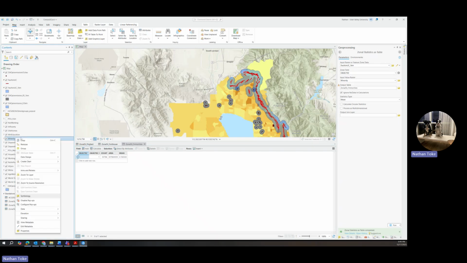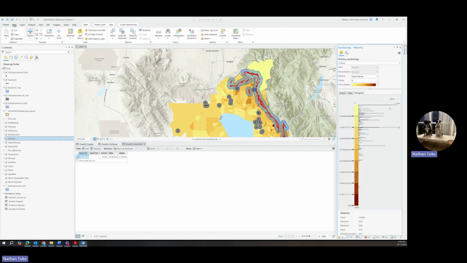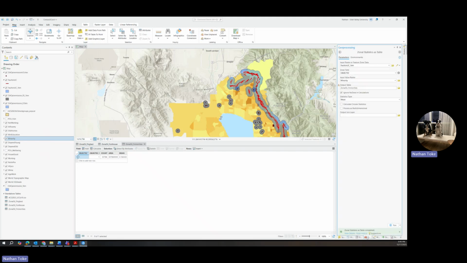How does that compare to Utah County as a whole? Go to the histogram, statistics. It's on average 19%, so it's about typical. Okay, so nothing too bad, right?